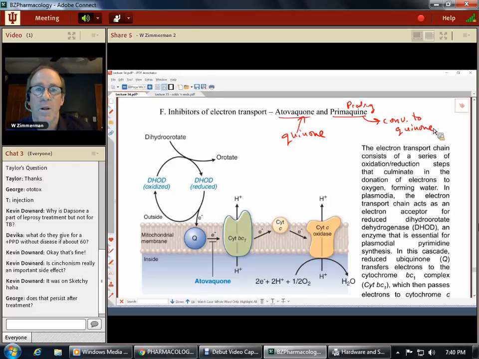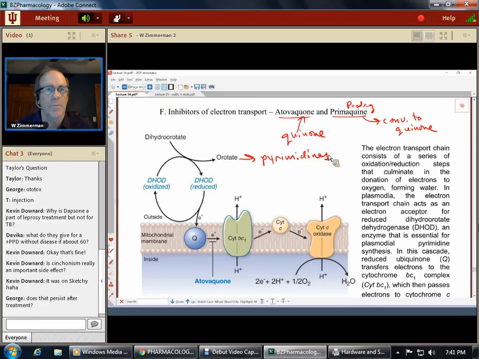Well, this goes back to rheumatoid arthritis, we talked about this a long time ago, but the dihydroorotate gets converted to the orotate, and that will go on to form pyrimidines. But in that process, the dihydroorotate dehydrogenase gets reduced.